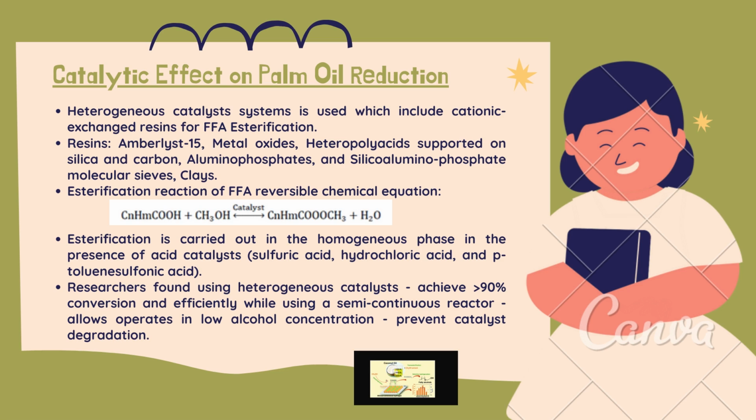According to previous research, by increasing the weight percentage of catalyst from 0.5 to 1.5 weight percent, the percentage of fatty acid conversion to methyl ester will increase, while the acid value of oil will decrease to less than 1%.